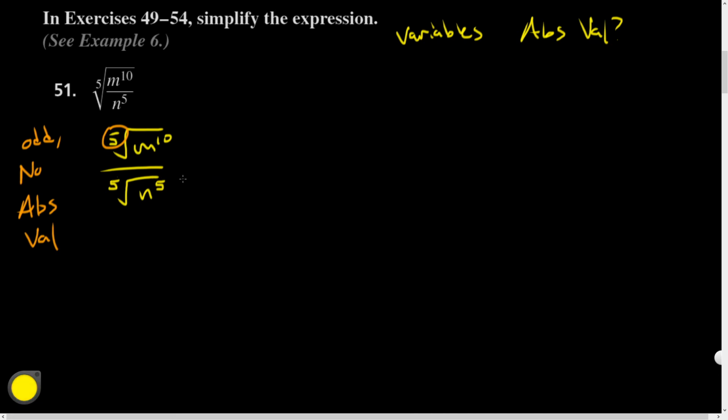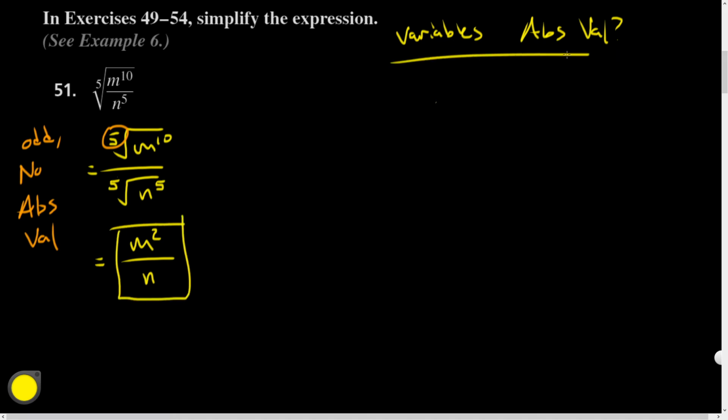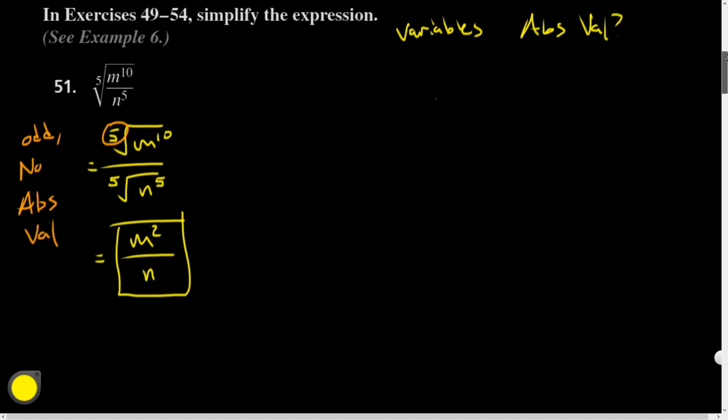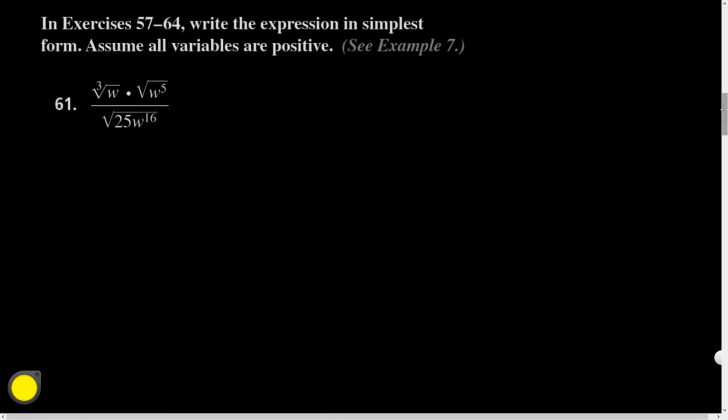That's pretty much it. The 5th root of m to the 10th is m squared, and the 5th root of n to the 5th is n. Good stuff. So while you're doing these, go look up that little rule. That wouldn't be a bad idea.